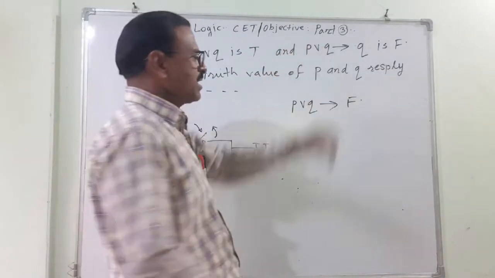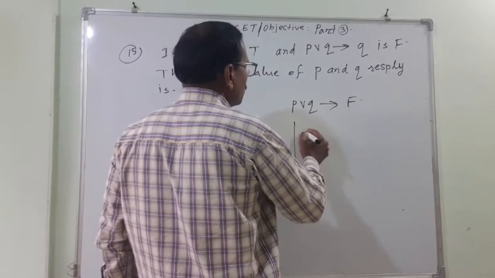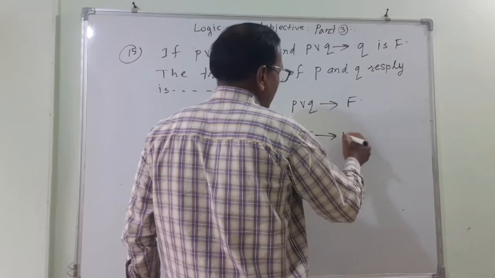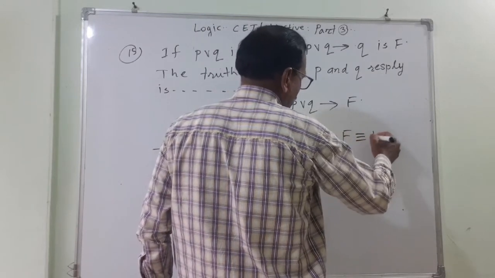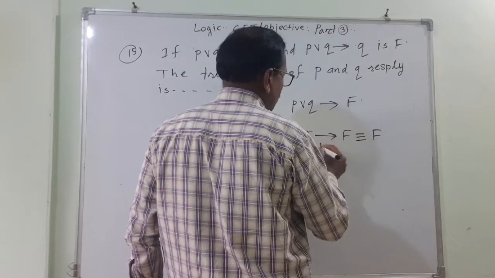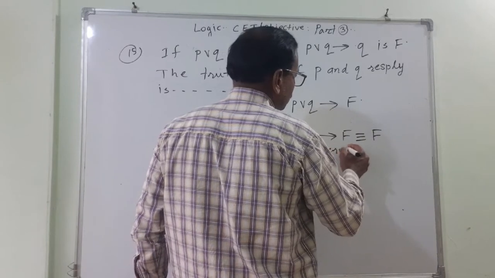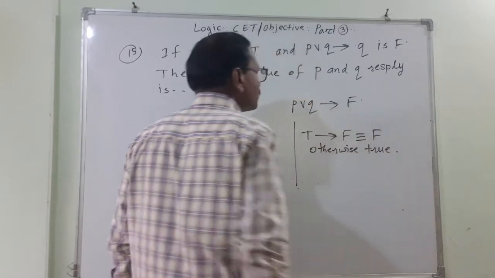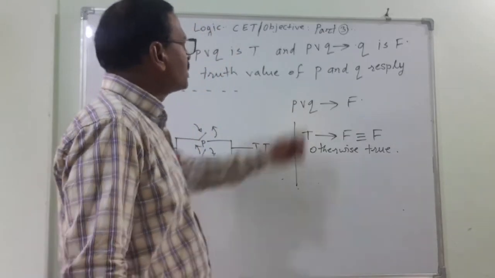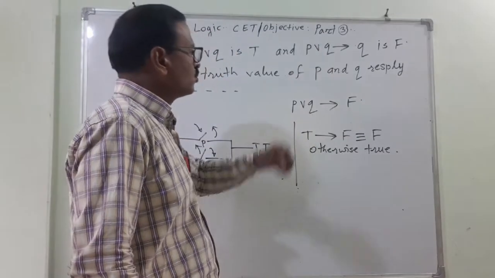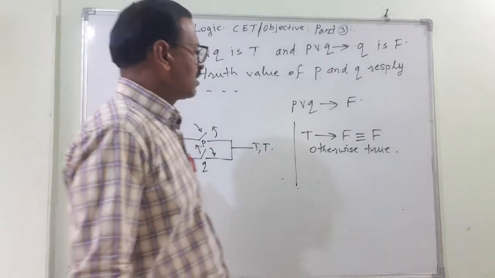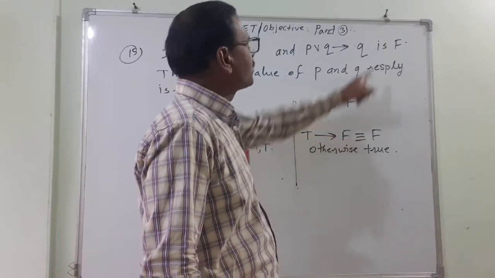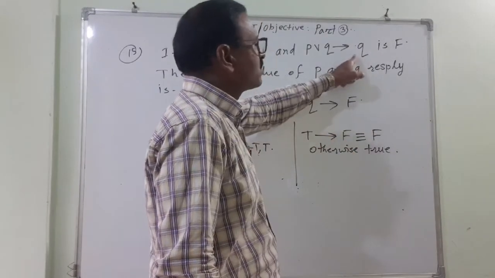When this implication is false: true implies F is equal to F, otherwise true. That means this P or Q is true, implies F is false, means Q is false.